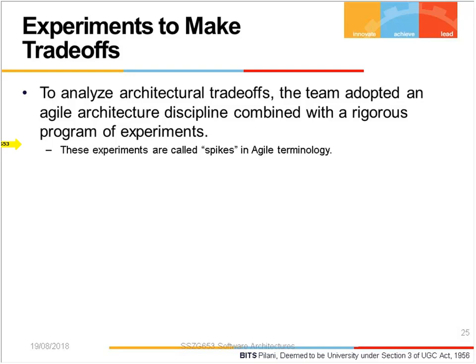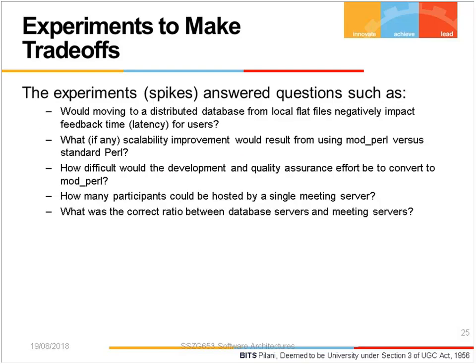So these are the trade-offs which we do, and while we do the trade-offs, we experiment. We have small POC sessions. We try out certain things to see, and we call them spikes in Agile. Based on the result, you go back to your trade-offs and come back to your stakeholders and take decisions.